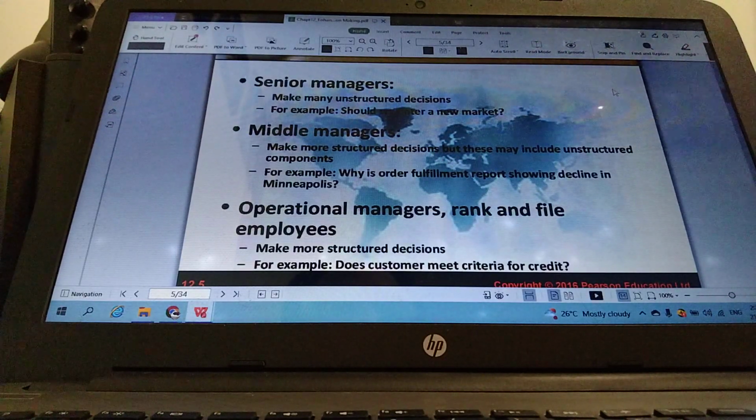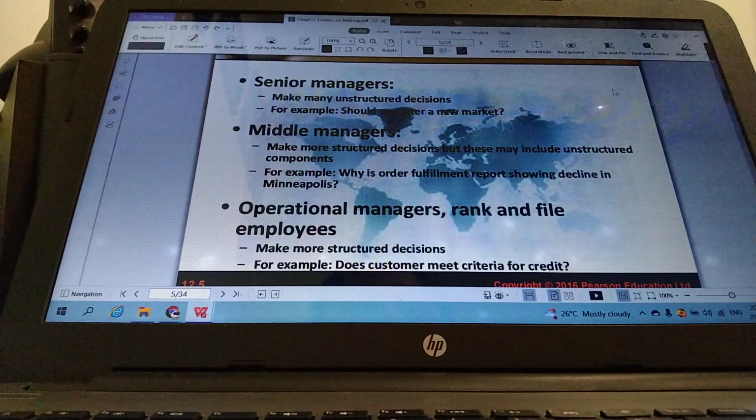The reason is they are the people who execute things on a daily basis, on a routine basis, and most of the tasks carried out by these people will be repetitive in many cases. So it is considered a structured decision, where the knowledge management system or the enterprise system should be able to assist them in such a case.